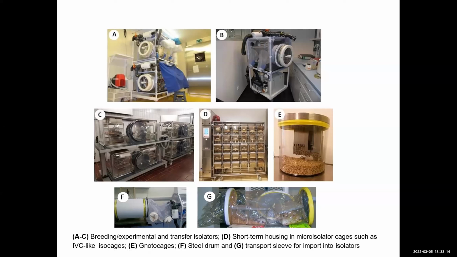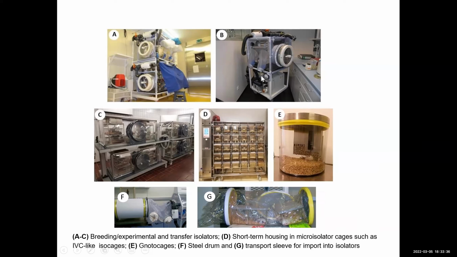So it's really sophisticated, and it really needs experienced personnel to handle it, because you need to make sure that the whole environment is kept sterile, and because one single contamination can ruin your experiment.